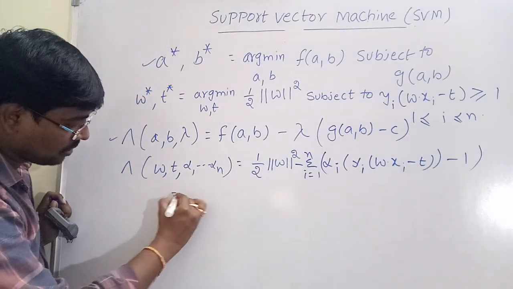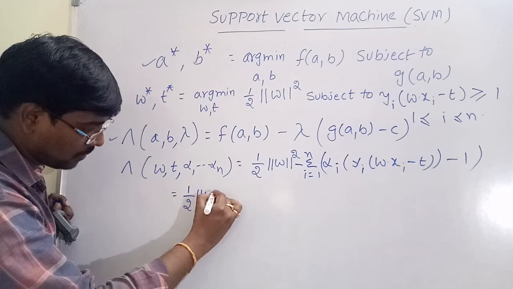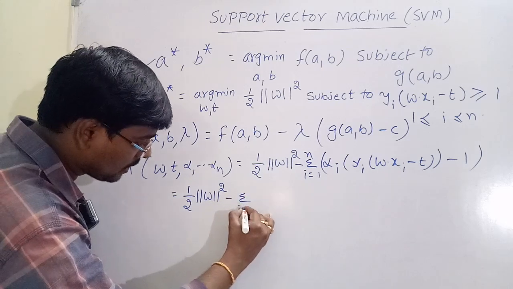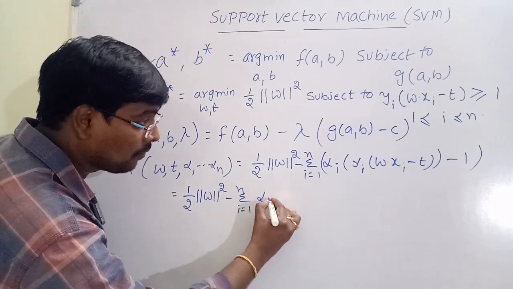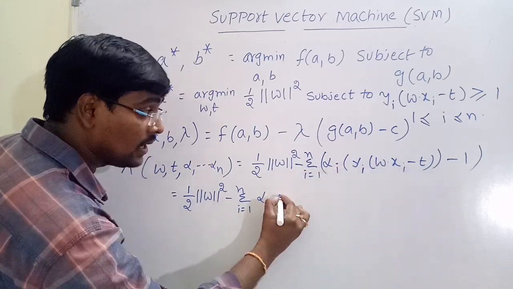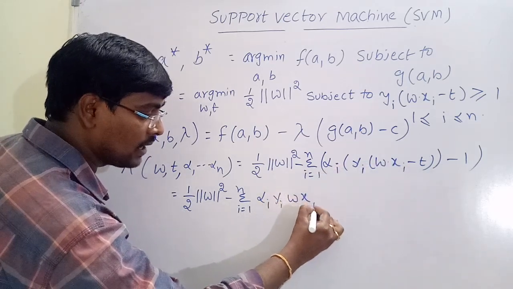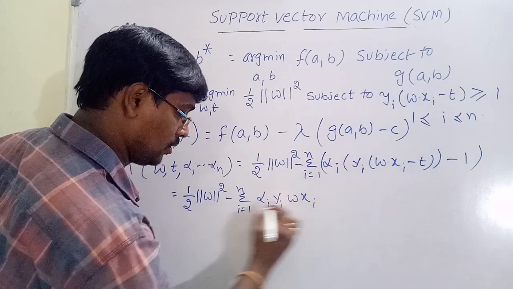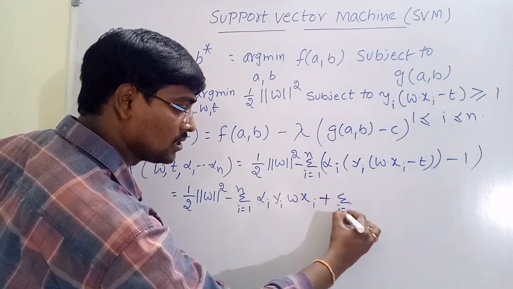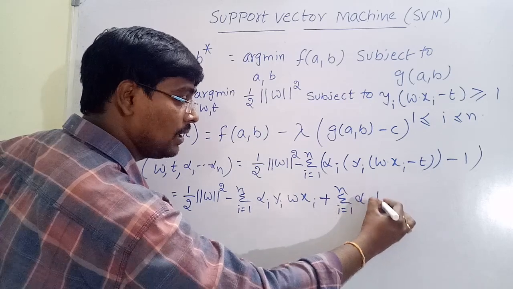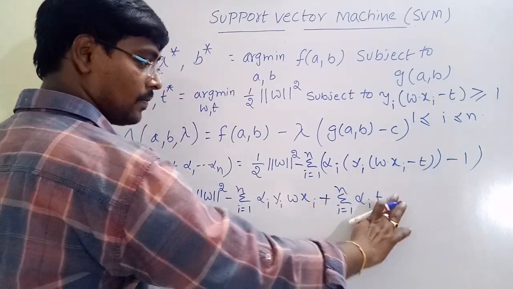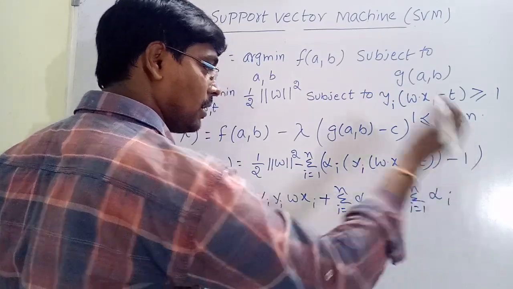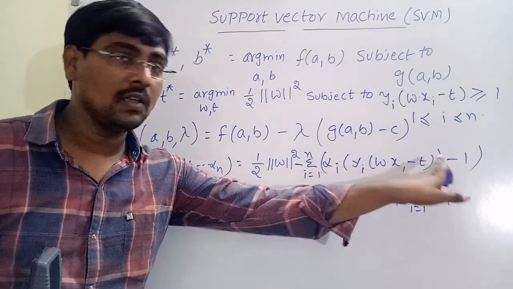By deriving this one, 1 by 2 mod W square minus sigma I equals 1 to n alpha I yi (w xi minus t) plus sigma I equals 1 to n alpha I. So simply perform multiplication of alpha I with all the terms.